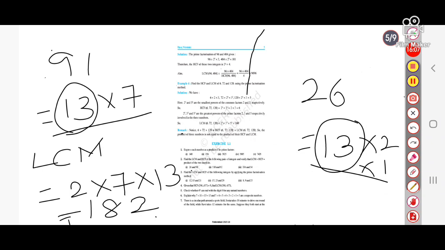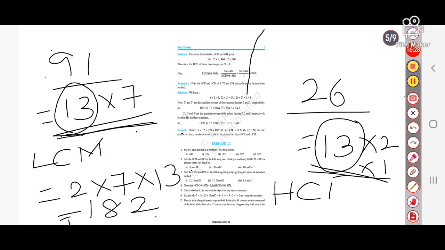Okay, HCF, highest common factor. From the factorizations we calculated, 13 cross 7 for 91 and 13 cross 2 for 26, we can arrive that the highest common factor for these two is 13 itself, because 13 is common to both numbers.